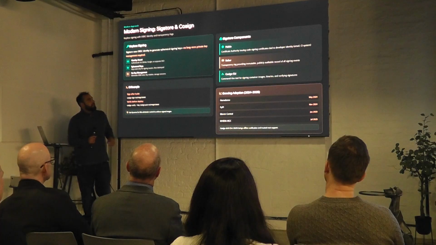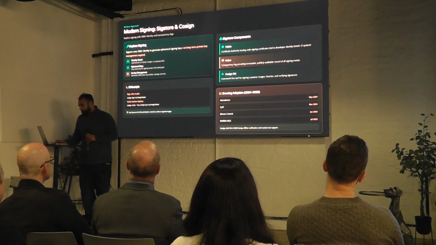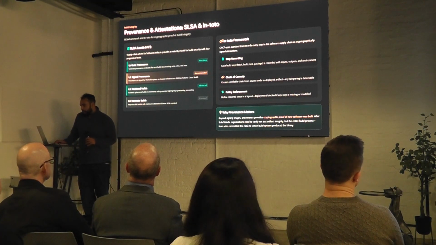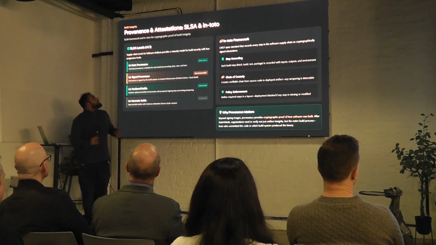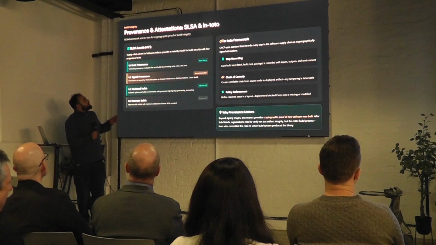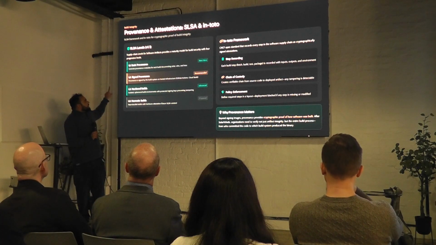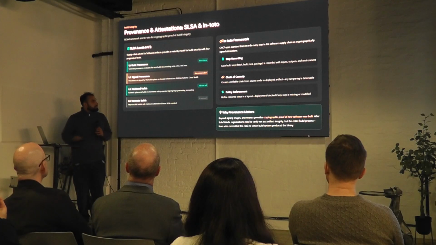Sign SBOM components. And then SLSA, Supply chain Levels for Software Artifacts, provides a maturity model for build security with 4 progressive levels: the basic, then sign, then harden, and then connected builds.